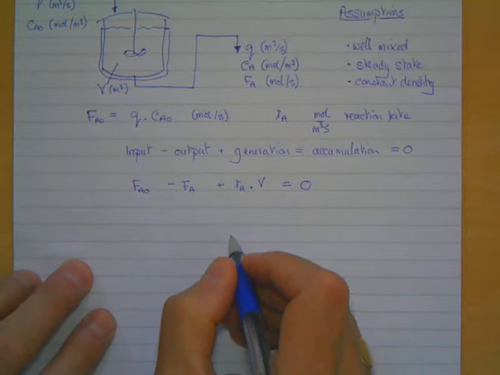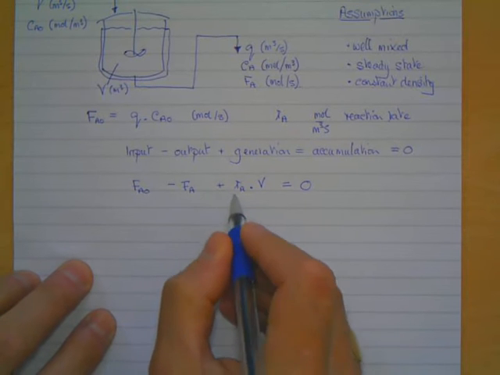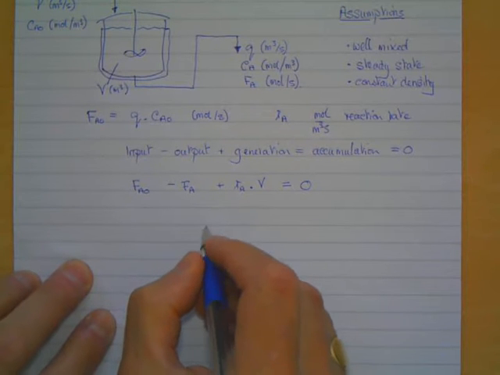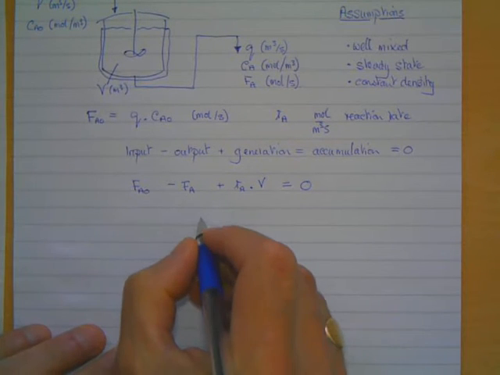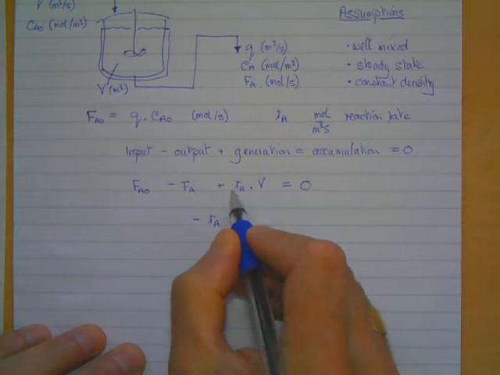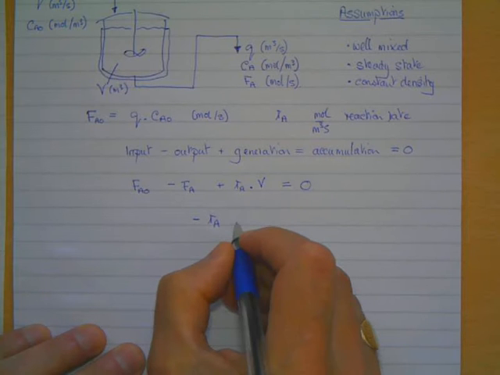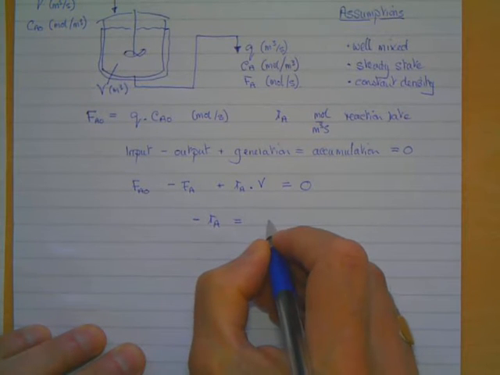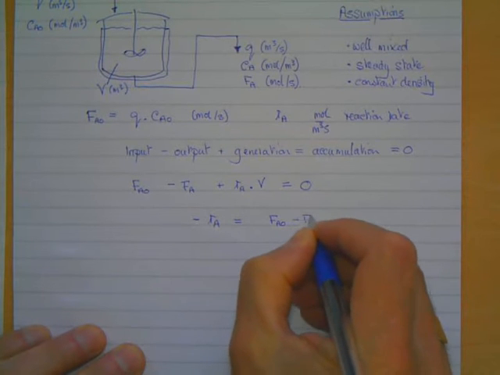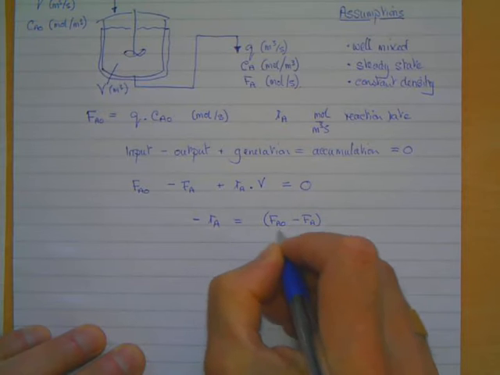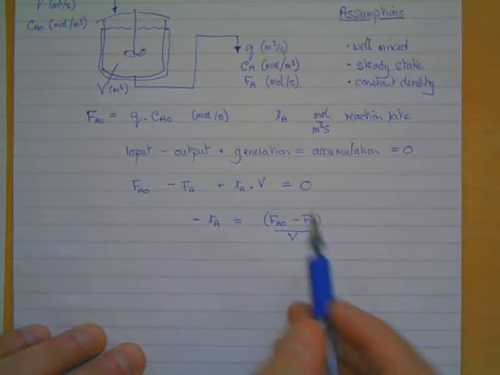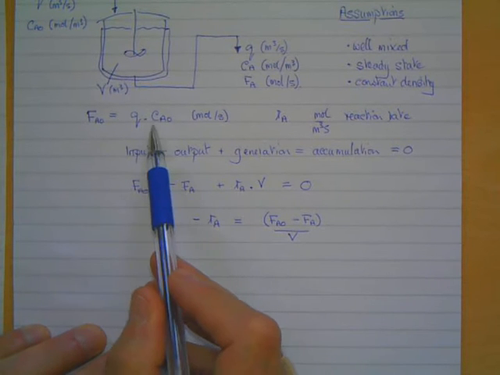And then you can take this term over to the right hand side and just rewrite that, and divide by V, and we get minus RA, because we've taken it over to this side, so it's become minus, equal to FA0 minus FA divided by the volume. And we can use this relationship here to state that in a slightly different way.